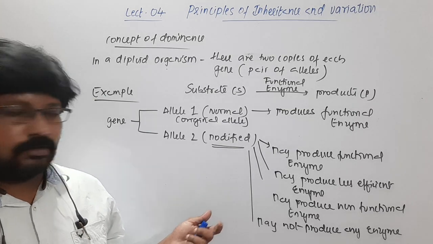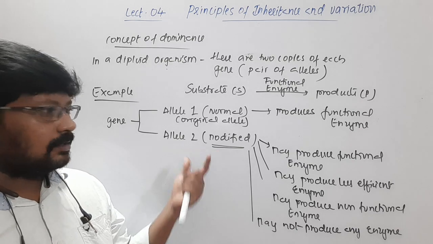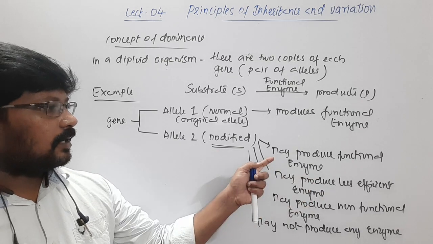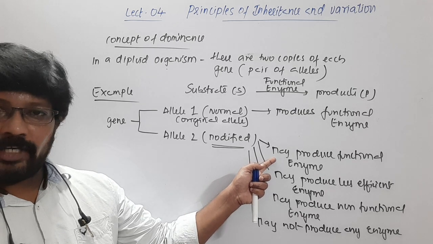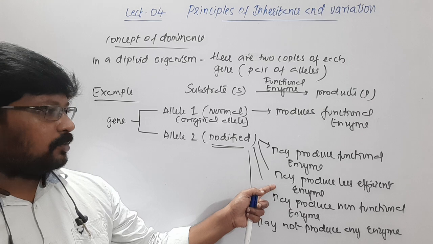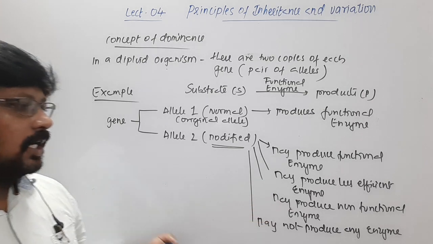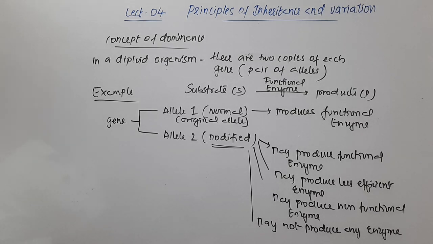At present you need to remember that the modified allele will have different possibilities: it may produce functional enzyme, may produce less efficient enzyme, may produce non-functional enzyme, or may not produce enzyme at all.